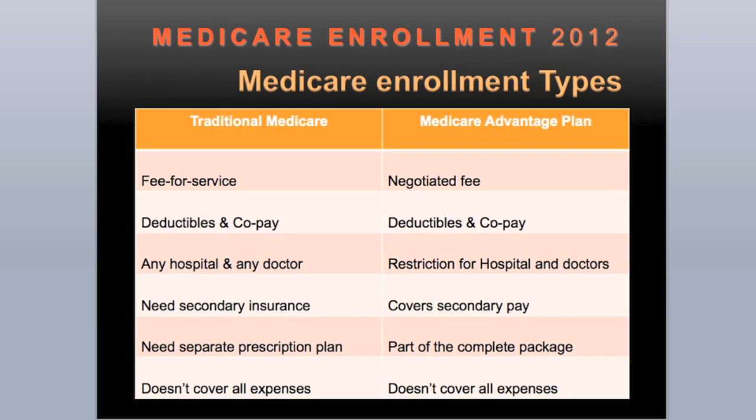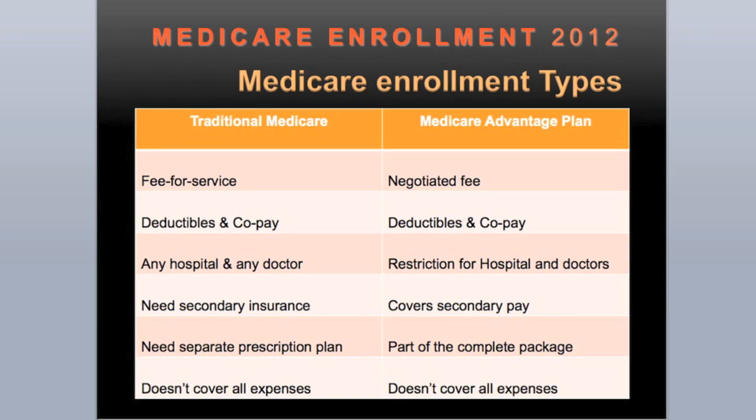In traditional Medicare, it is fee for service. When you visit a doctor, Medicare sets certain allowable charges and pays 80% of that. Whereas with the Medicare Advantage plan, the plan negotiates a certain amount with the hospital and with the doctors, which is fixed, and it pays a major portion of that negotiated fee.